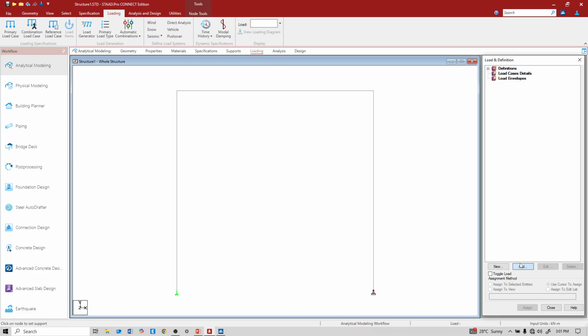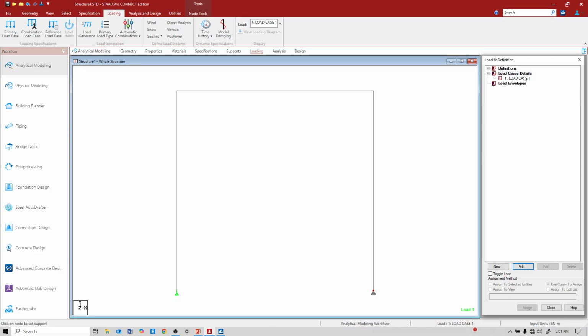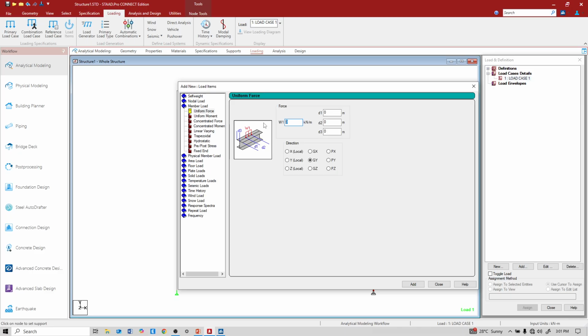So load case details, add live load case 1, add close. Load case 1, add member load, -5, add close.